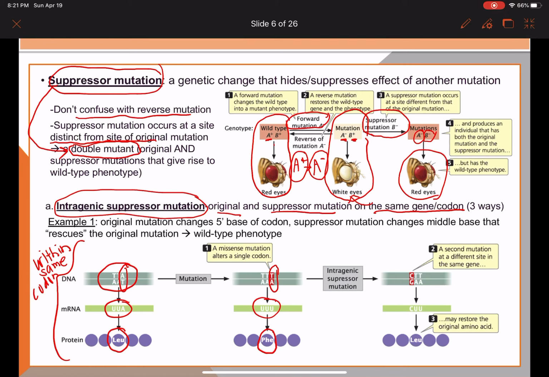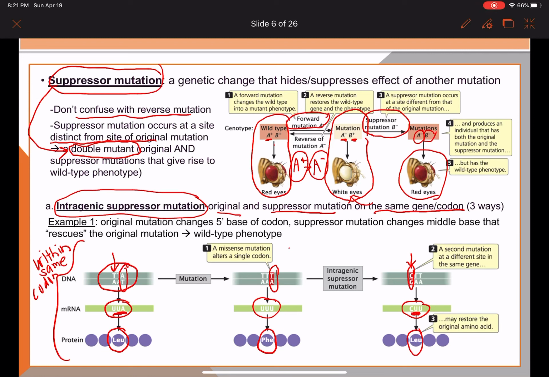An intragenic suppressor mutation might be where you now have a second mutation in the first base of that codon. The first base of the codon was switched from TA to CG. So now your mRNA sequence reads CUU. Even though this codon is different from that one, both of these encode for the same amino acid, leucine.